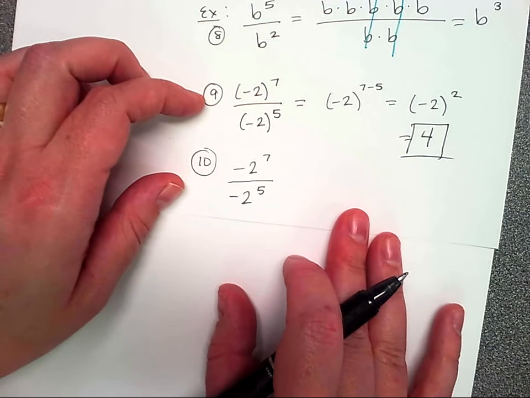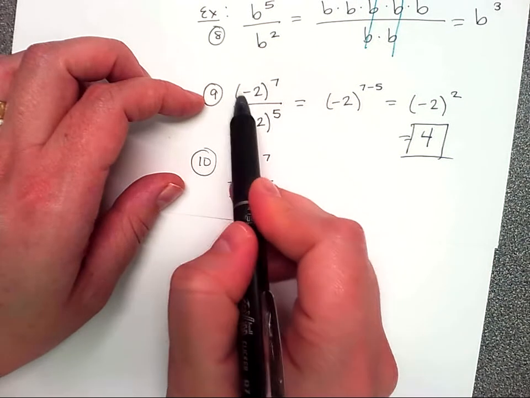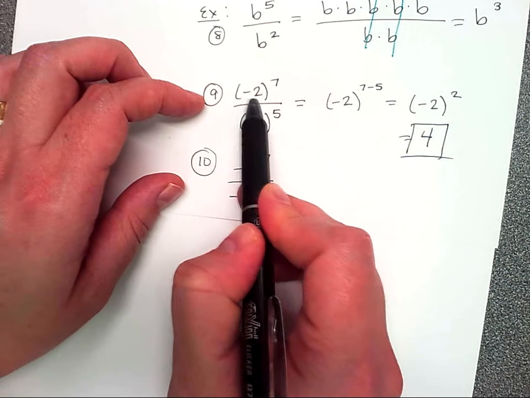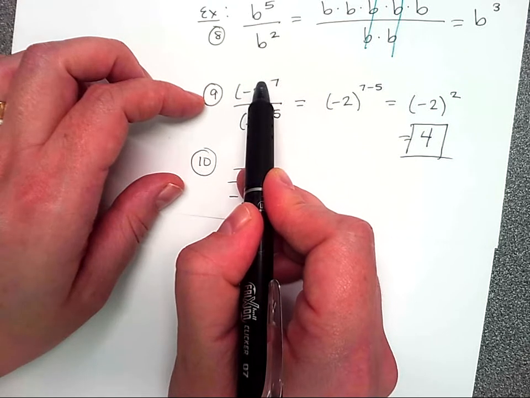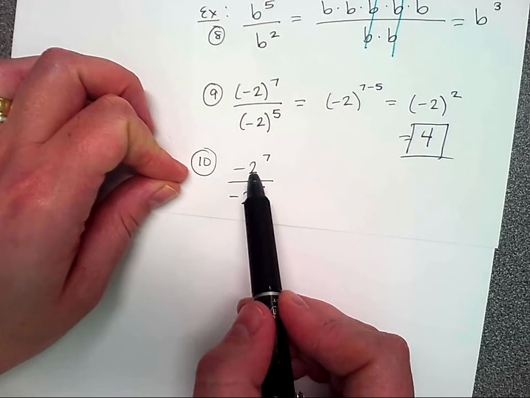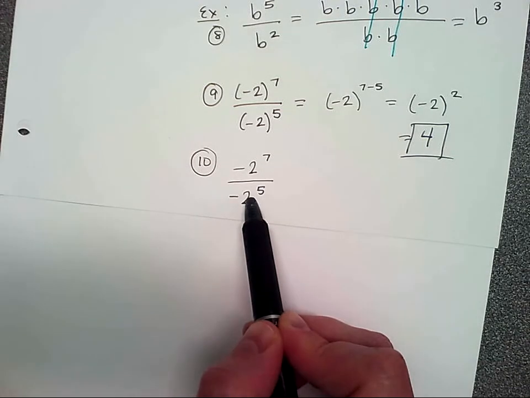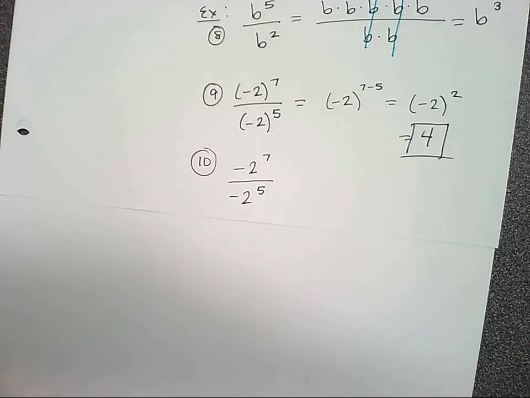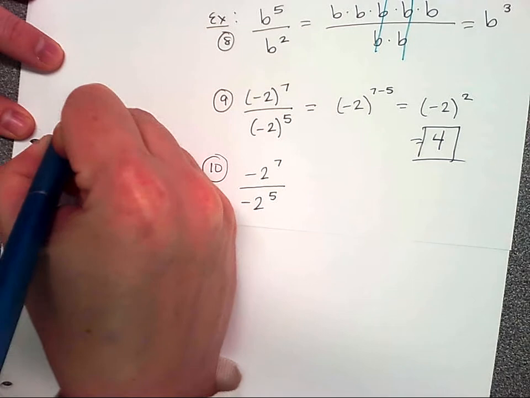Number 9 and number 10 are very different, right? Do you see that? Number 9, the exponent is touching all of negative 2, right? Number 10, the exponent is only touching the 2. It's not touching the negative. Right? So the power only applies, let me write a little note over here to the side.